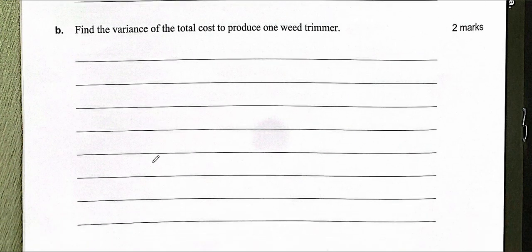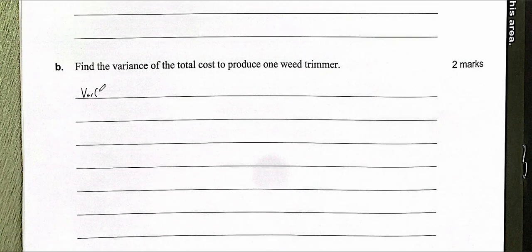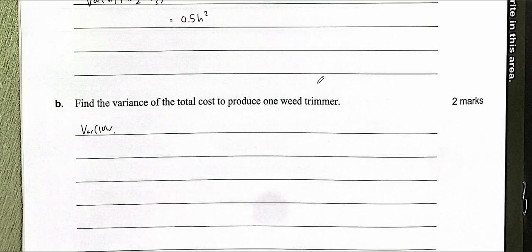Find the variance of the total cost to produce one weed trimmer. So the variance of total cost, with cost per hour 10, 20 and 15, is the variance of 10 W1 plus 20 W2 plus 15 W3.